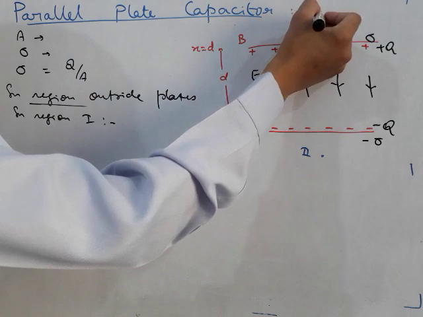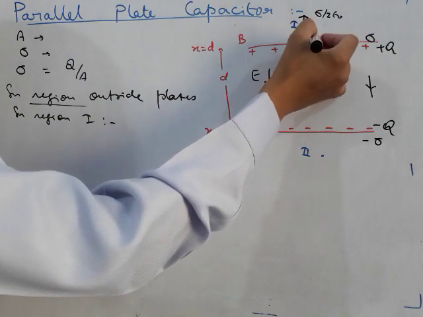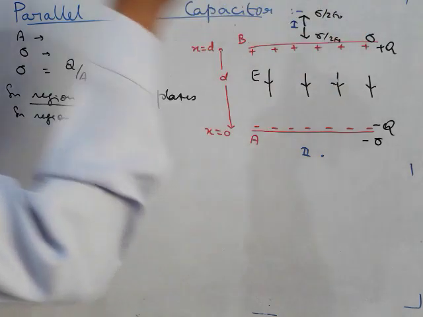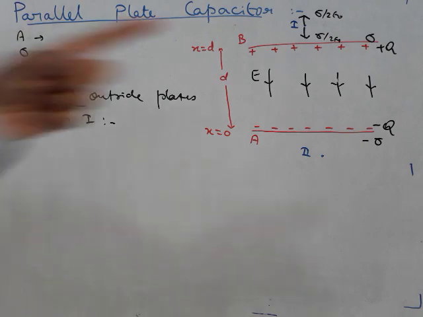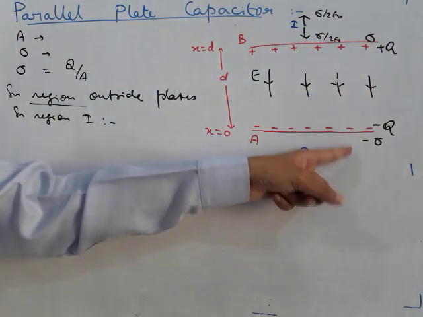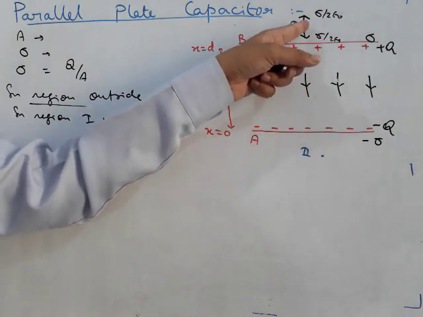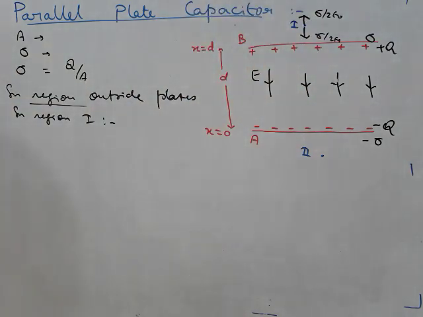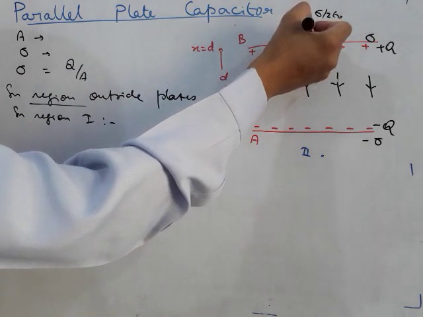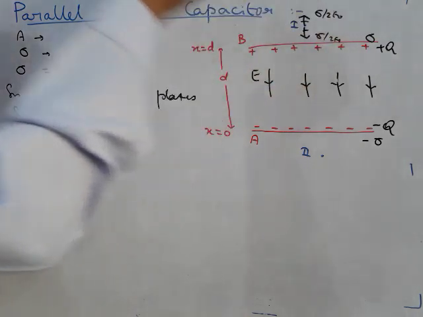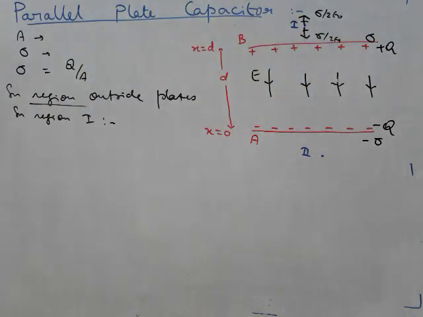Their values are sigma by 2 epsilon naught and sigma by 2 epsilon naught. It is minus, so the electric field is directed towards the plate, and it is plus, so it is directed away from the plate. So what will be the net electric field? They will cancel. And from where did we get sigma by 2 epsilon naught? This we have already derived for a plane sheet of charge having surface charge density sigma. The electric field has that value.